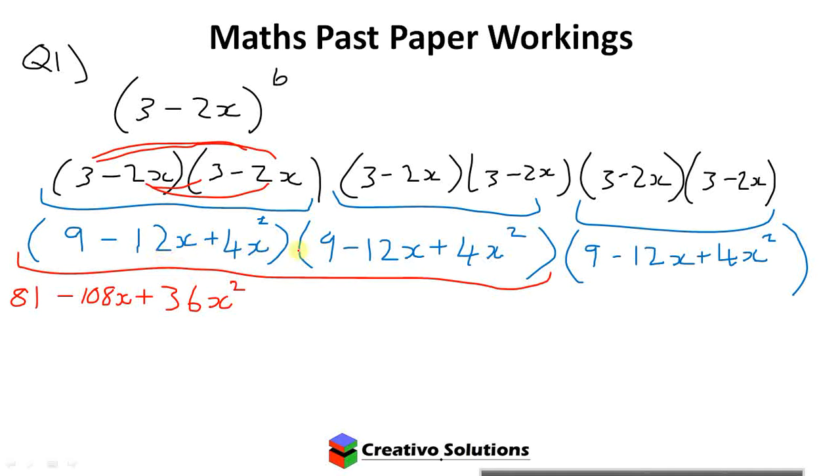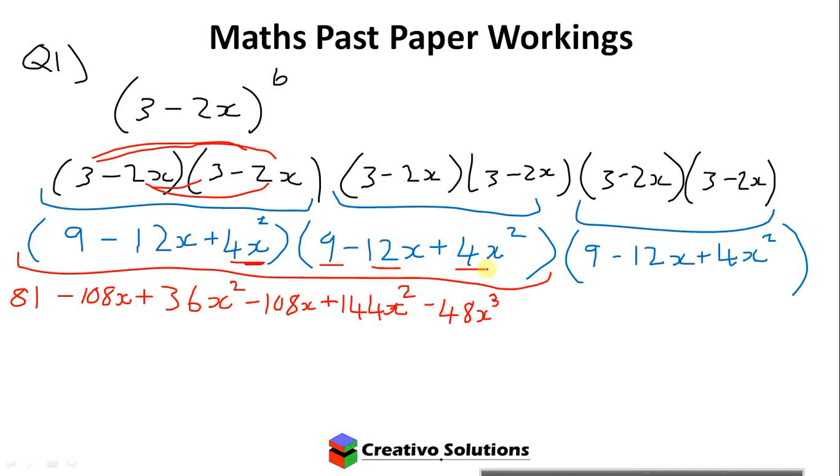Minus 12x times 9 is minus 108x. Minus 12x times minus 12x is plus 144x squared. Minus 12x times plus 4x squared is minus 48x to the 3. Okay, then we need to multiply this one out, the last one.